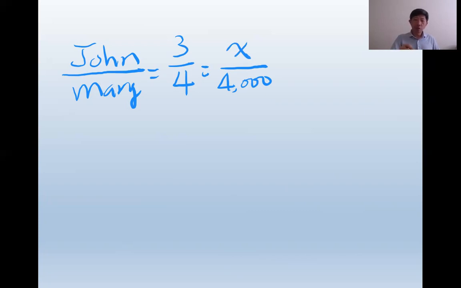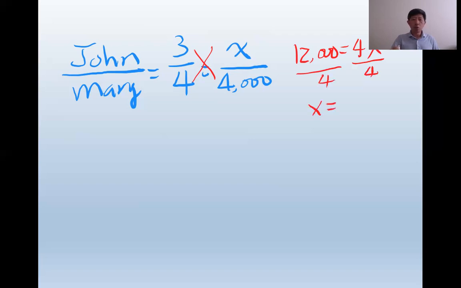We cross multiply, and then we have 3 times 4,000, 12,000, which is equal to 4x, right? Both divided by 4, X is how many dollars? 3,000. Now $3,000 is John's salary before the raise, right?